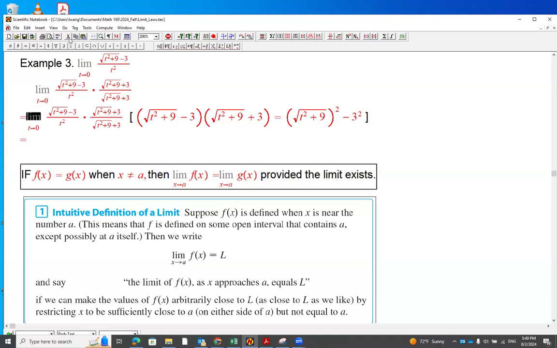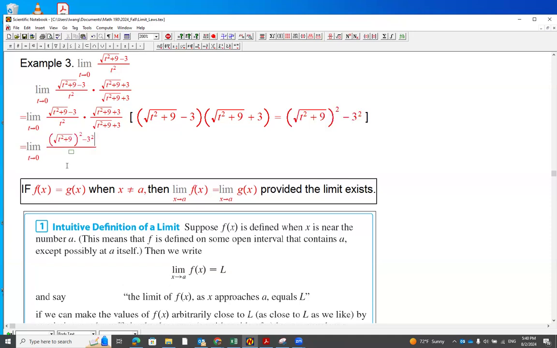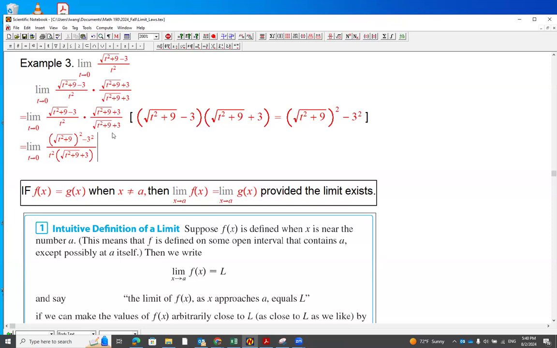So we apply this formula here, and what do we get on the next step? On the numerator, a minus b times a plus b is going to be this piece. In the denominator, we keep the denominator and multiply by the other factor. Boom.